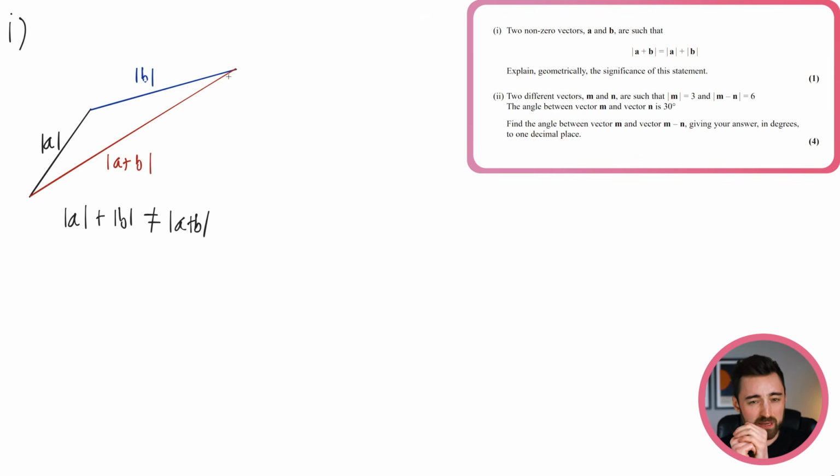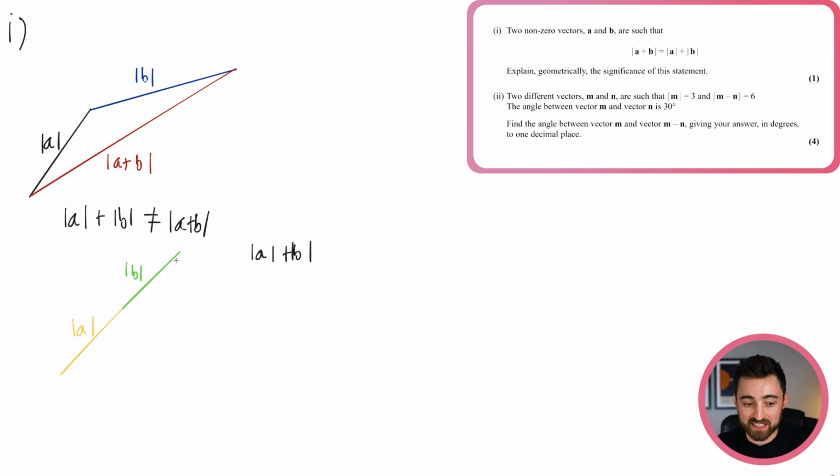So how can this be true? What is the only way in which, if I go like the modulus of A plus B, and then that's exactly the same as the modulus of A plus the modulus of B, how is that going to happen? I think the only way of this happening is if I have A, and then I have B, and it's in exactly the same direction. Because now if you think about it, this is B, this is A, so A plus B is going to be obviously just this whole length.